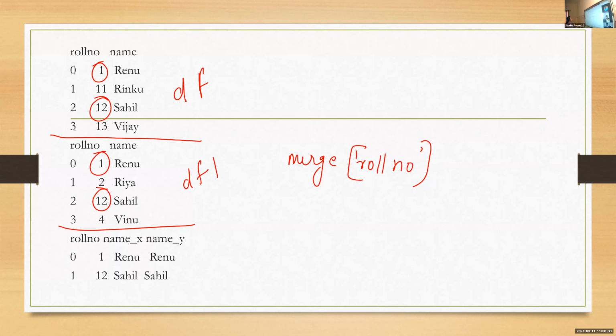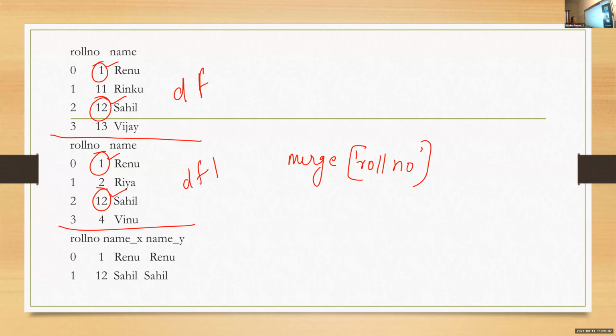So the merge operation will compare the first and second data frame by their roll number, because I am merging these two data frames based on the roll number column. After that, it will display the rows which have common roll numbers. 1 is common in these two data frames and 12 is also common.